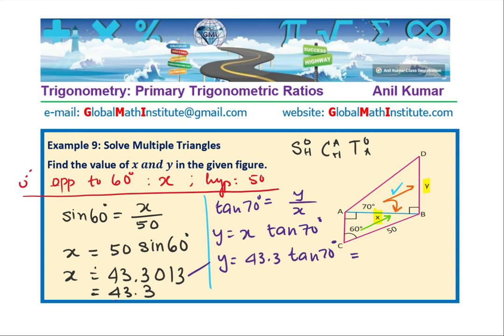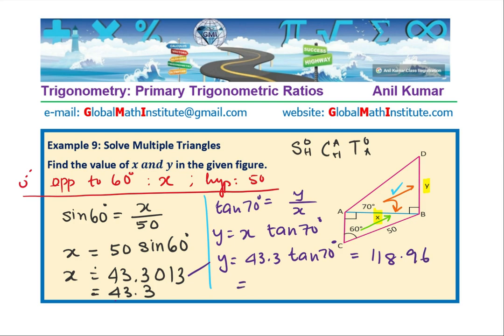Use calculator. So we have this 43.3 already in the calculator. Just multiply by tan of 70. You get the idea how to work effectively, right? So this side is, let's do it, tan 70, we are multiplying this by 43.3, and we get 118.96.